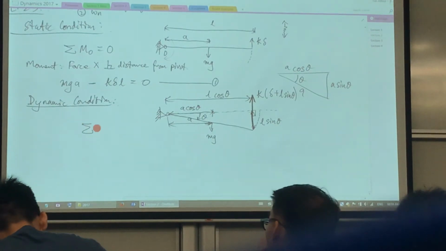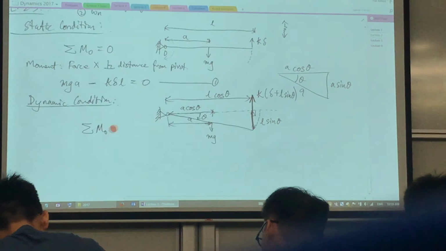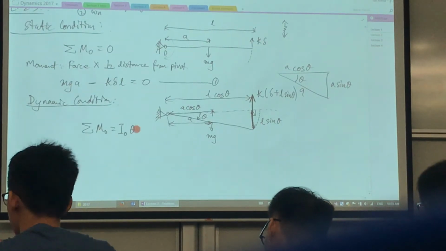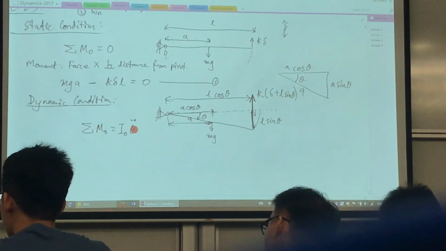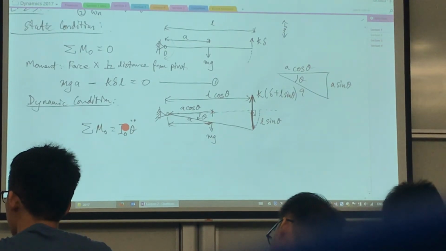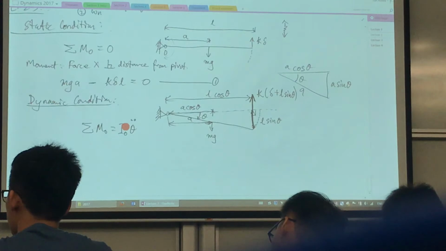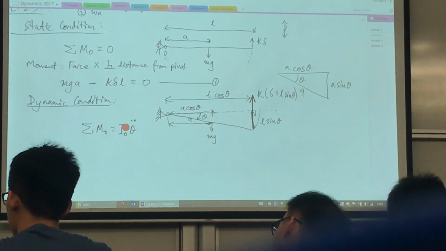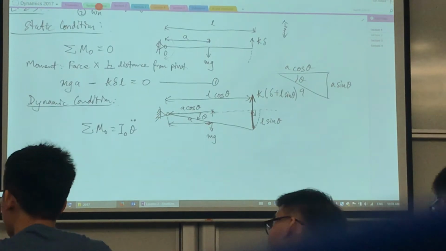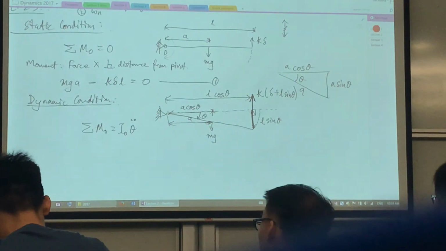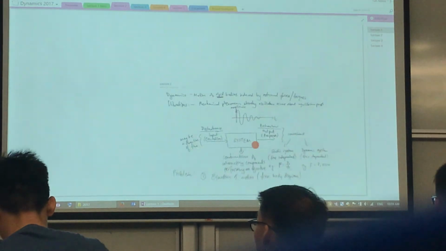So with that, we can sum up all the moments about point O equal to I naught theta double dot. Why is it I naught theta double dot? Actually, that was delivered in our first lesson as well. So I'll exit this page for a quick while to show you where it is.